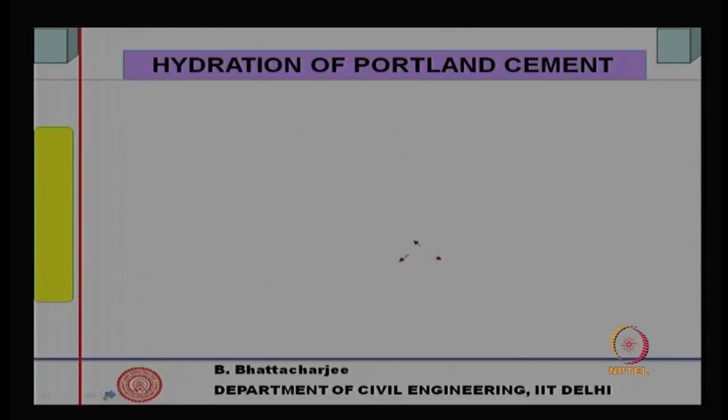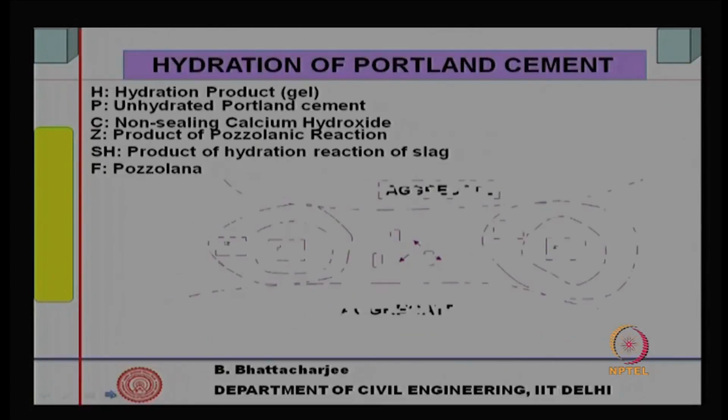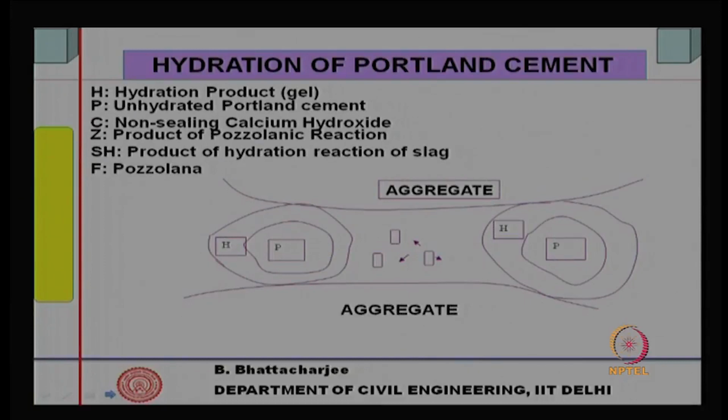Now, let us see their hydration characteristics. If you see the hydration product of Portland cement, this was my Portland cement, and recall these are inner product. H stands for hydration product, gel, inner product. This is the original grain boundary.